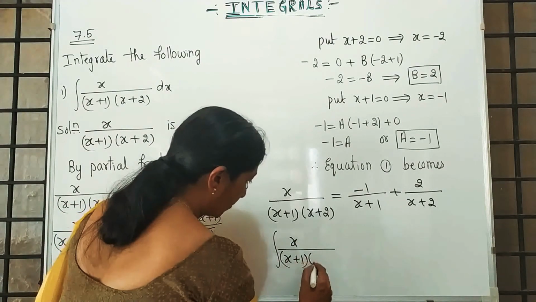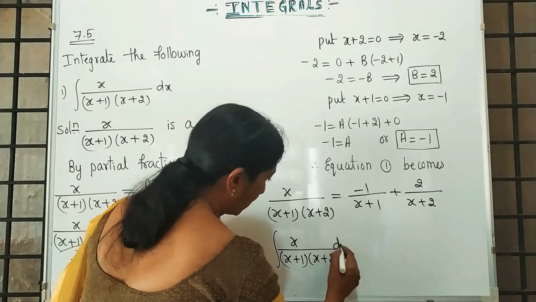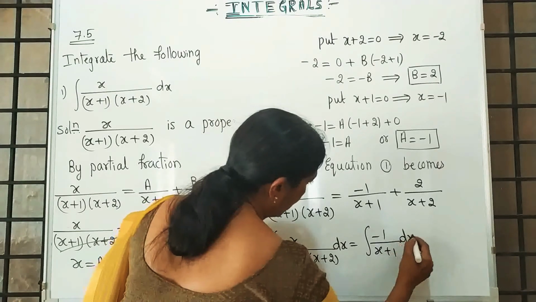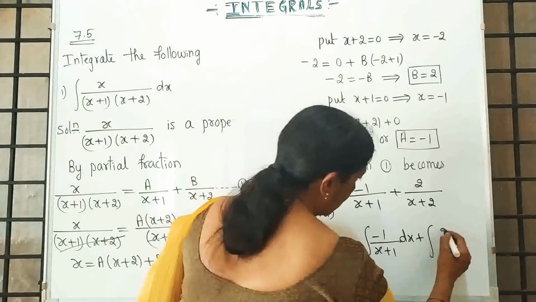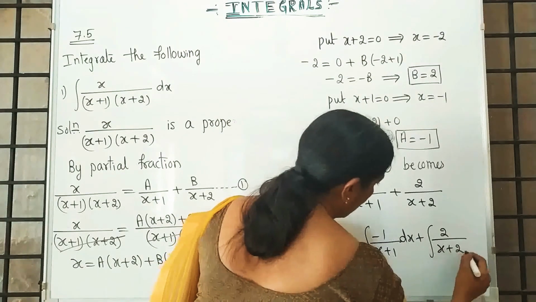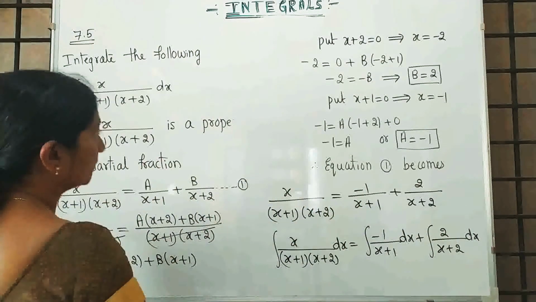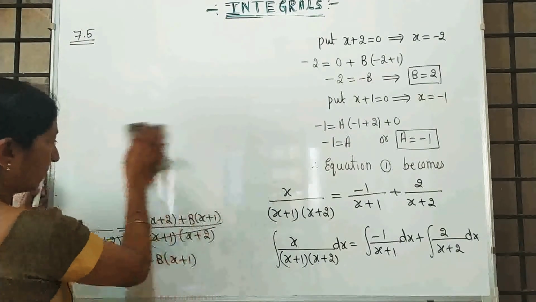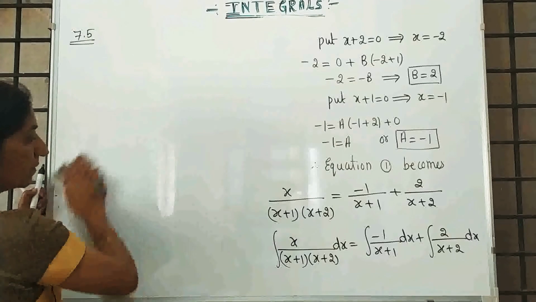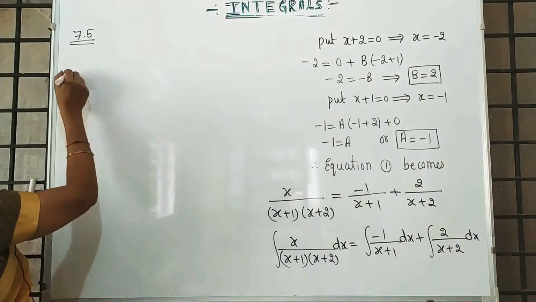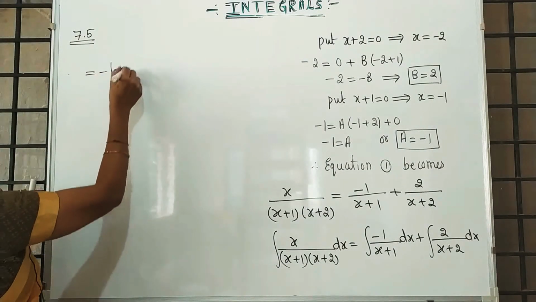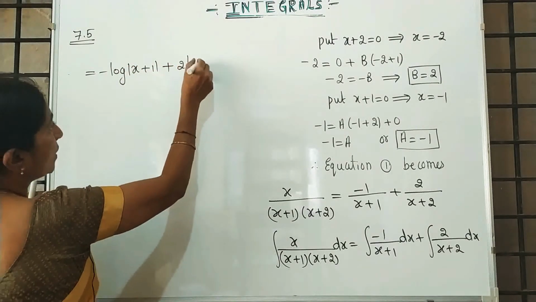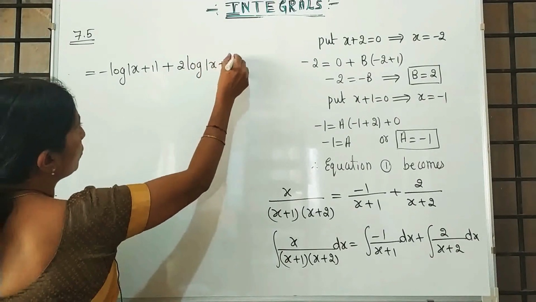The integral of x upon (x plus 1) into (x plus 2) dx is equal to minus 1 upon x plus 1 into dx plus 2 upon x plus 2 into dx. So it is minus log of (x plus 1) plus 2 into log of (x plus 2) plus c.